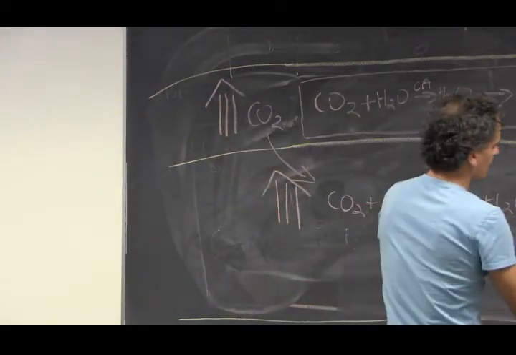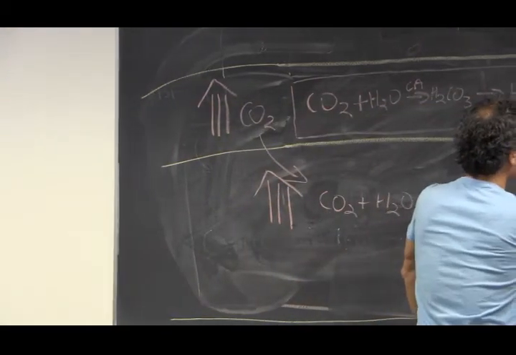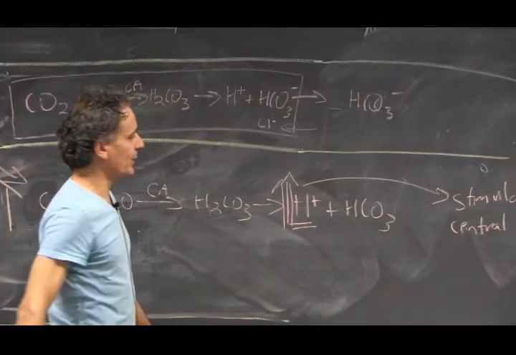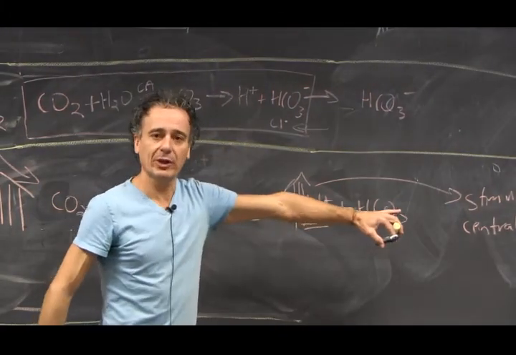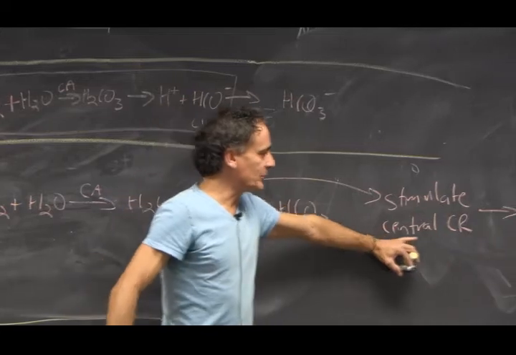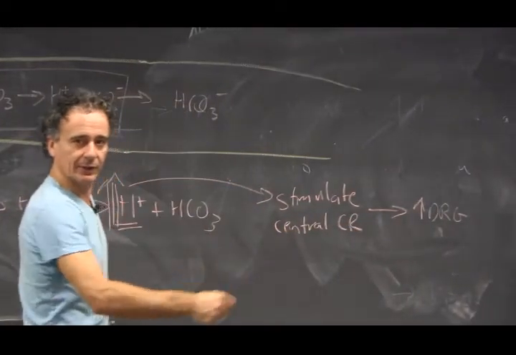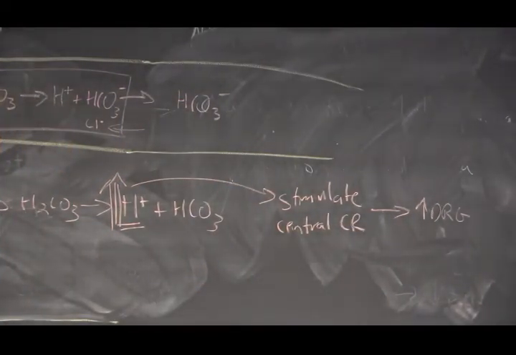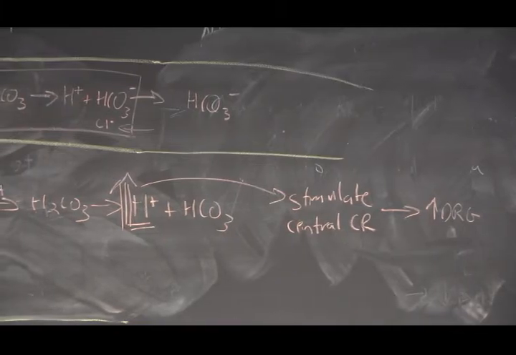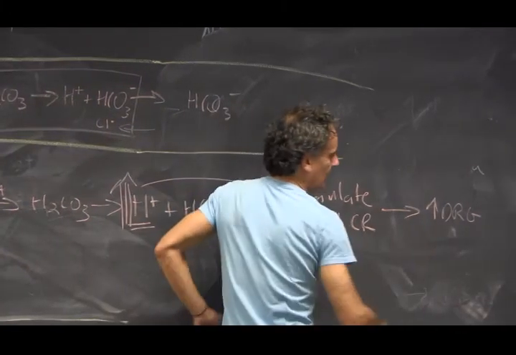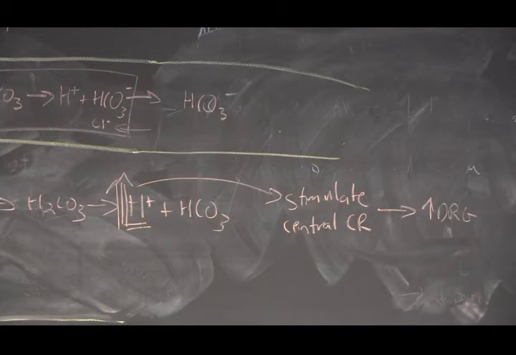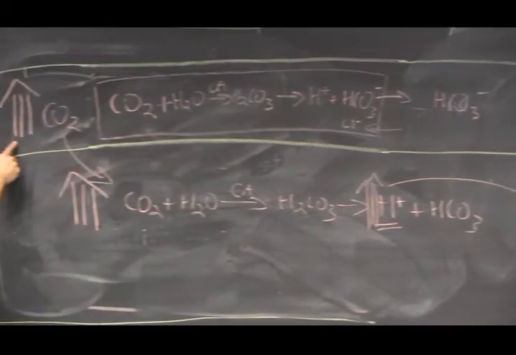You're going to get a massive increase in hydrogen ions in brain extracellular fluid, and we're going to stimulate the central chemoreceptors a lot, which is really going to be driving their DRG to a big extent and really increasing ventilation. Well, that's not the case, and the reason is the following.